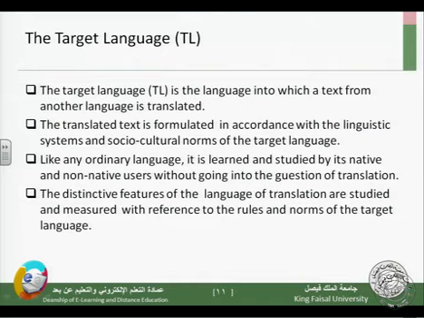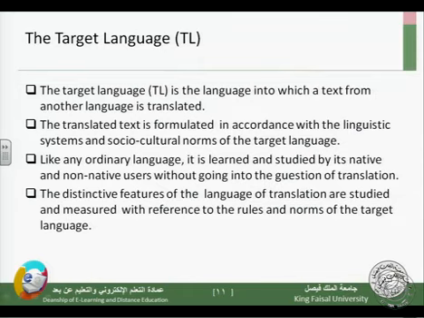Now, the distinctive features of the language of translation are studied and measured with reference to the rules and norms of the target language. Now, if you want to do any research or any study on the language of translation, you don't go to the source language. You don't do the language of translation on Arabic as a source language, but rather on English as a target language.